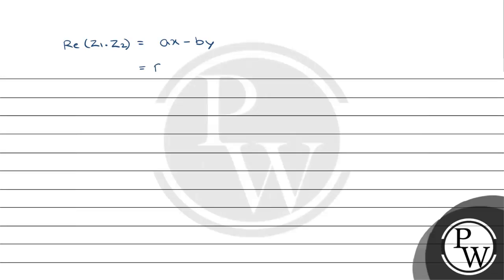So I can rewrite that a is the real part of z1, x is the real part of z2, minus b is the imaginary part of z1 into y is the imaginary part of z2. Hence it is proved.